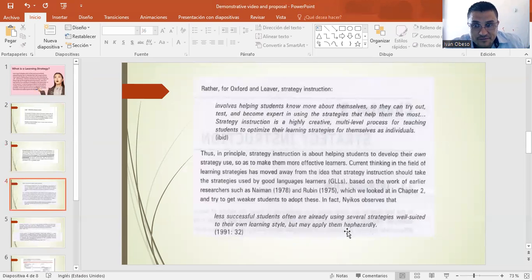So sometimes they have a learning strategy, but they don't have the capacity to change it for a better one. So that's why we as teachers should help them to find the learning strategy that best suits them.